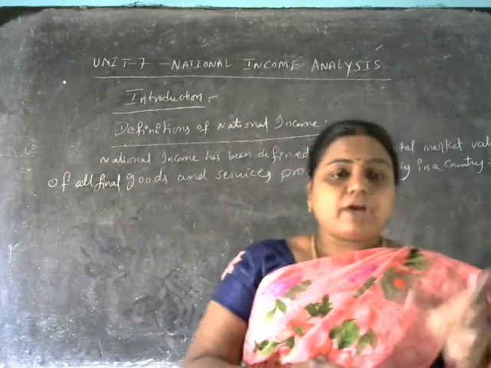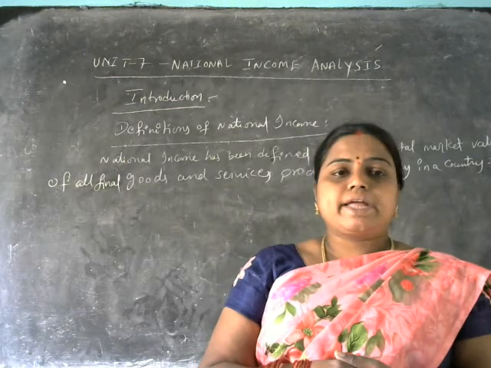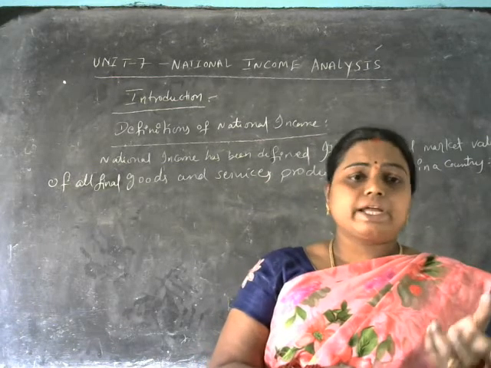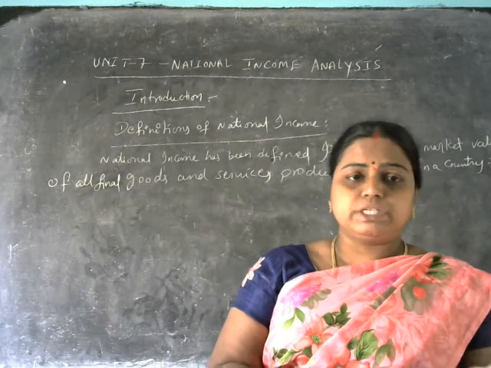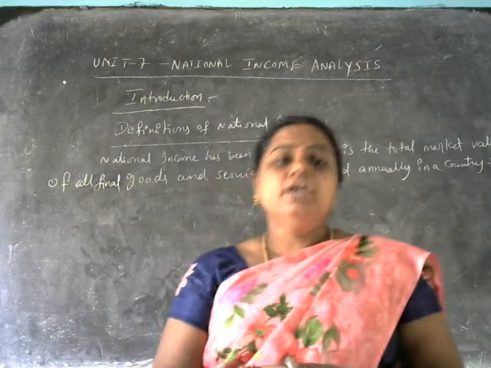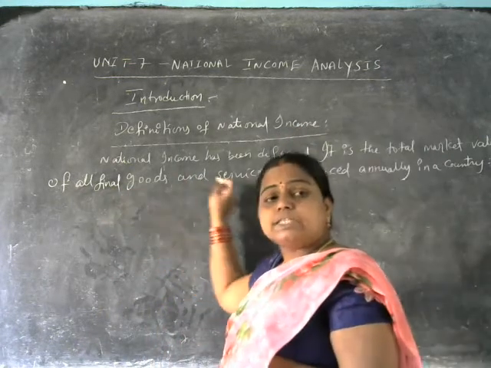Suppose we take the example of our country India. In our Indian country, the country has been subdivided into a number of states. The states are again subdivided into different districts, villages, mandals, and so on. So what is the meaning of all final goods and services?